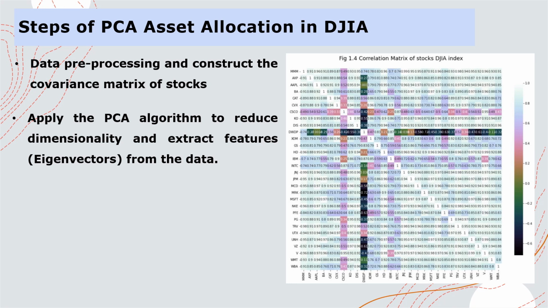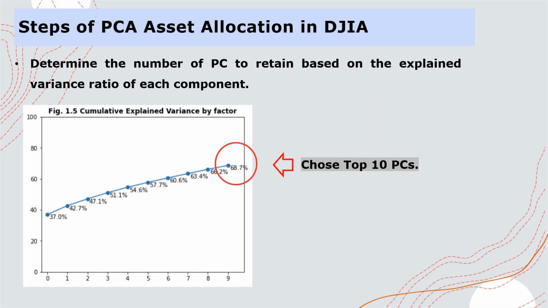Then I applied the PCA model to reduce the dimensionality and extract features from the data. Next, I visualized the cumulative explained variation to determine the number of principal components. As you can see from the cumulative explained variation plot, the top 10 principal components account for more than 68% of the explained variation ratio.